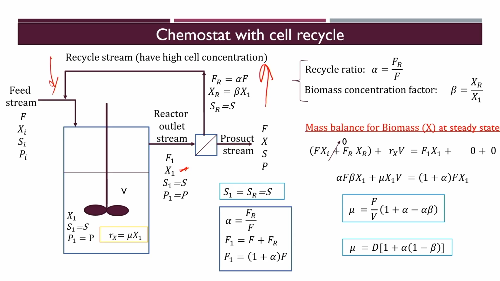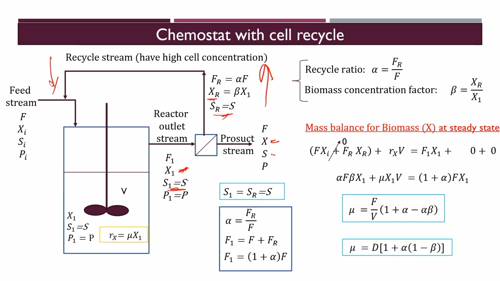So, let us say Xi is the biomass here, X is going out and XR is recycled. Similarly, if the substrate concentration was Si here, this is S and SR is the recycle, but here we are not doing anything with substrate recovery.